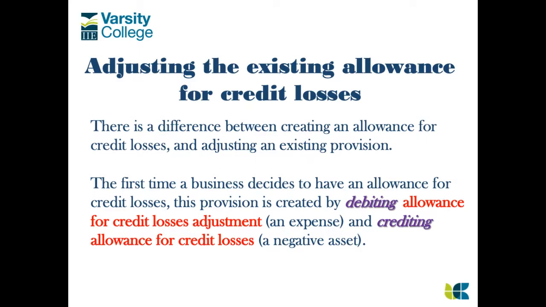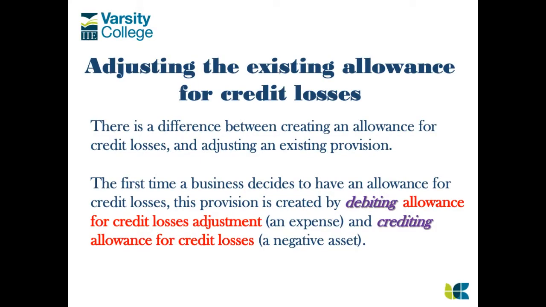Then allowance for credit losses, that is the negative asset. Notice the difference. One has adjustment at the end of it, and the other is just allowance for credit losses. Makes sense? So allowance for credit losses, that's that negative asset. Allowance for credit losses adjustment, that is the expense. Okay.